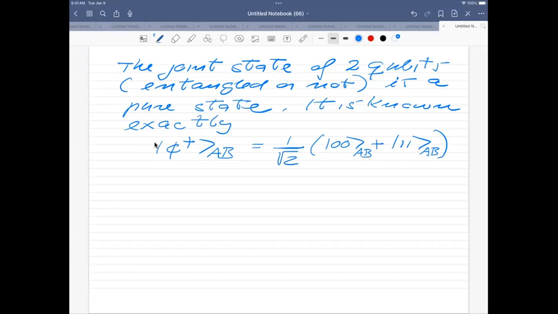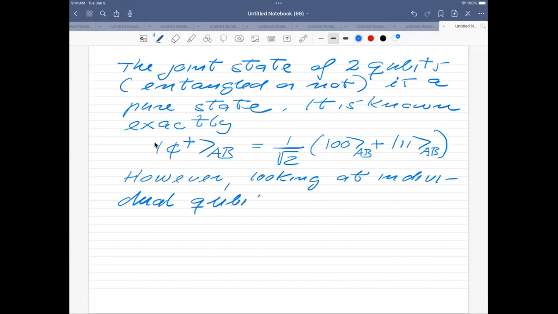However, when we now look at individual qubits, what we see is that for this entangled Bell state, the state phi plus, or any such entangled state, keep that in mind, so the many-body state is an entangled state, we find that the individual qubits are mixed by this definition which we have set up.